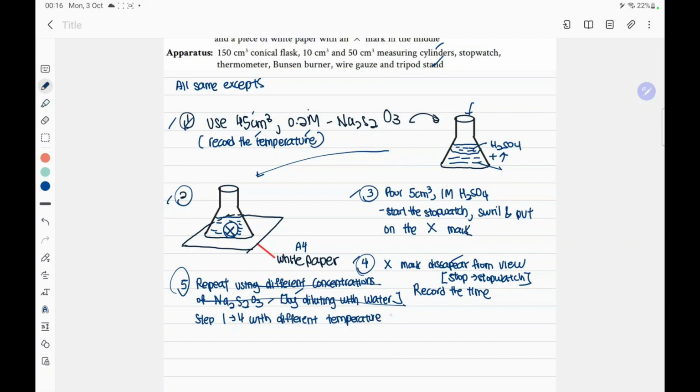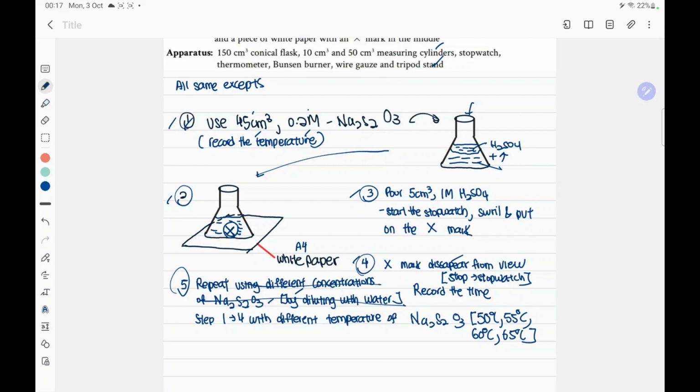Different temperatures of this sodium thiosulfate solution. Maybe the first one is 37 degrees Celsius. Now we are using 50 degrees Celsius, 55 degrees Celsius, 60 degrees Celsius, and 65 degrees Celsius.